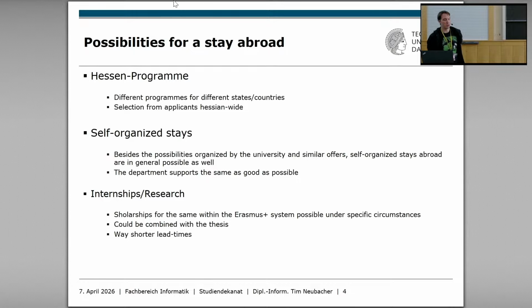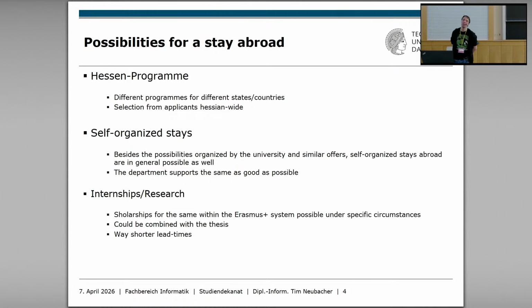So the question was whether it's possible to leave in the middle or at the end of the master's, stay abroad, and then return and finalize the thesis here. Okay, whether it's possible to conduct the thesis abroad. Yes, but you need a professorial supervisor from our department. It's a regular achievement for the studies. It also comes down to the regulations of the partner university. Sometimes they need you to register it officially as a thesis, and then the legal base comes into play.